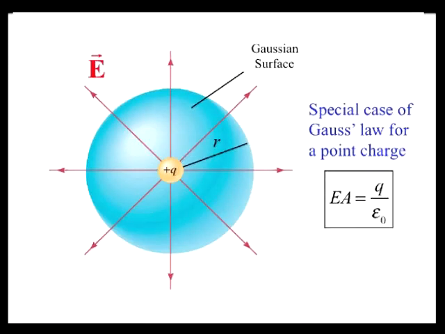The equation EA equals q divided by epsilon 0 is the special case of Gauss's law specific to spherically symmetric charge distributions and uniformly charged spheres and shells. It is special because the electric field vector is always parallel to the normal of the Gaussian surface through which it passes. We will now see how to generalize this equation to account for distributions of charges and Gaussian surfaces with arbitrary shapes.